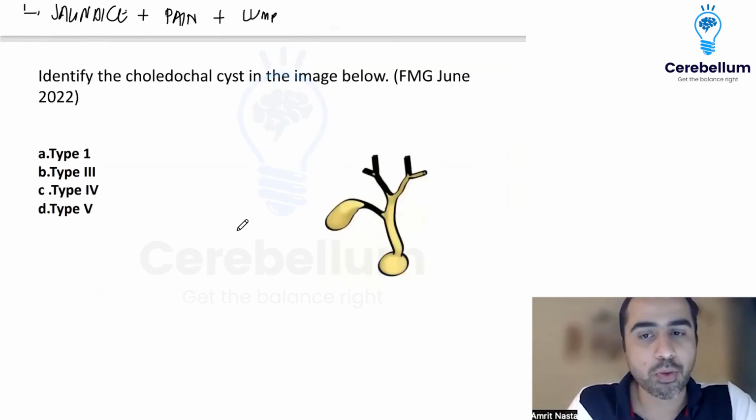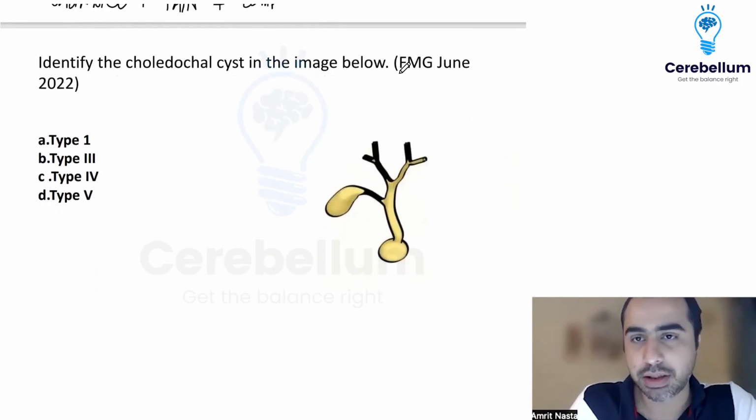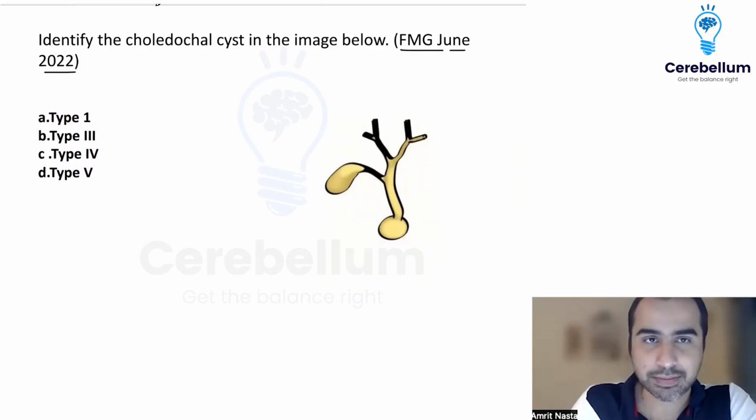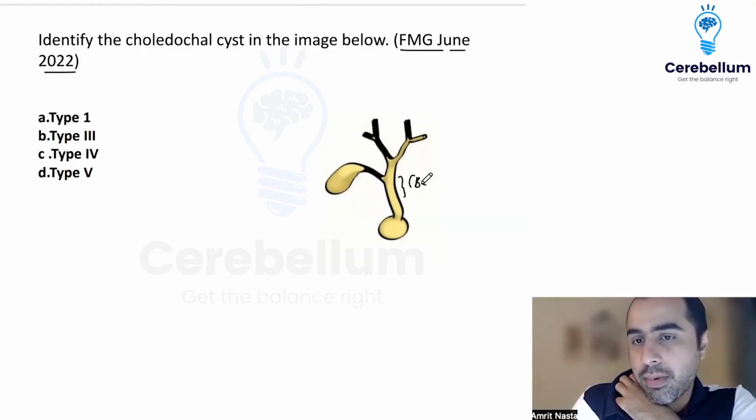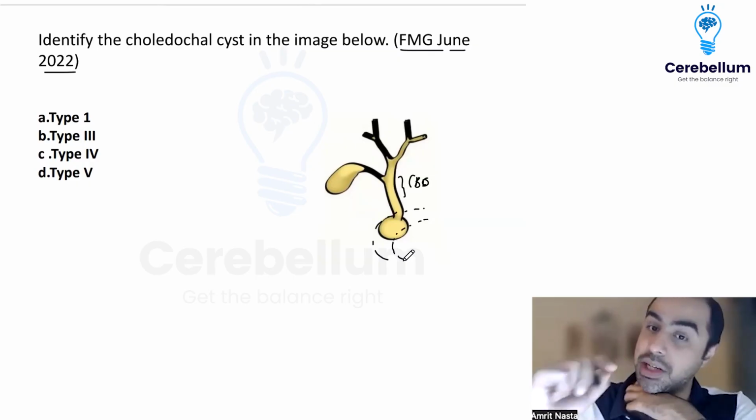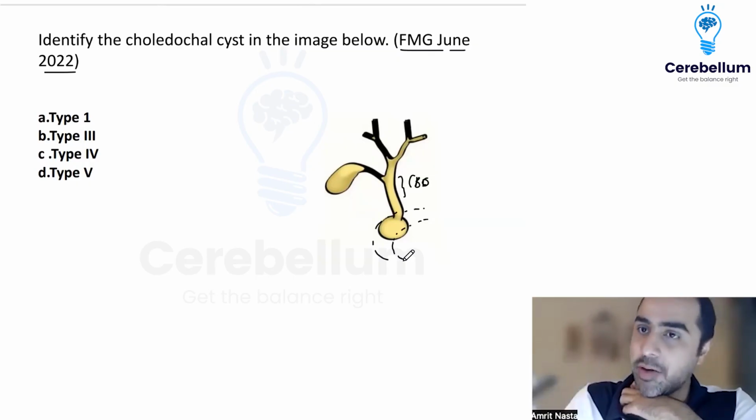So before we move further, this is an FMG question, June 2022. What type of choledochal cyst is this? Type 1, type 2, type 3, type 4. Okay, so please understand, this is going to be the CBD. And this part is the terminal CBD, the end of the CBD.